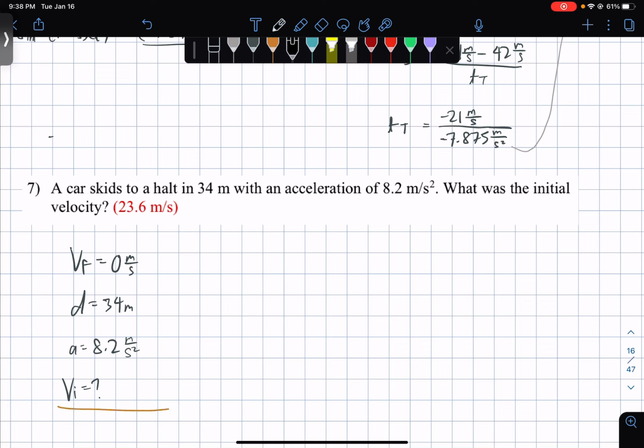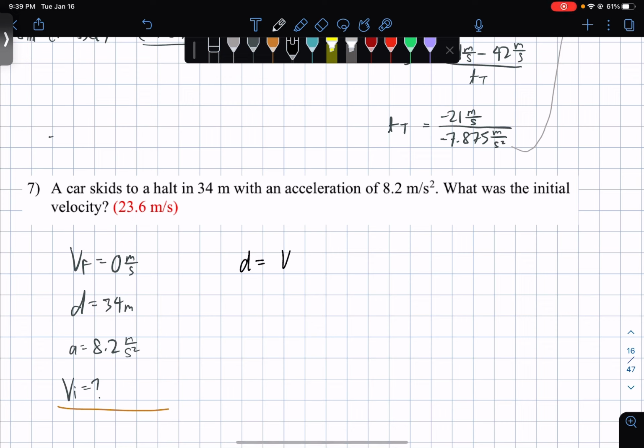Okay. Acceleration is equal to Vf minus Vi over time. Time is missing. We don't have the time either, so perhaps not this.